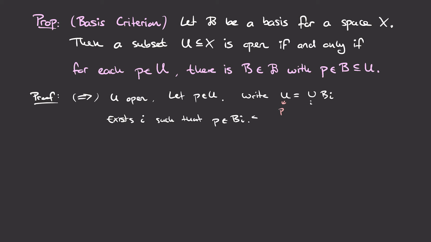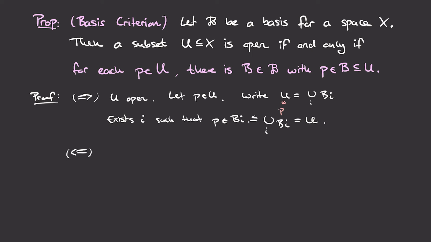So Bi is a subset of the union over these Bi's, which is equal to U. Therefore we've shown that if we take some arbitrary open set in X and some arbitrary point in that open set, then we can find a basis element such that the point P is contained within that basis element, and the basis element is a subset of U. So far so good. Let's show the other direction.